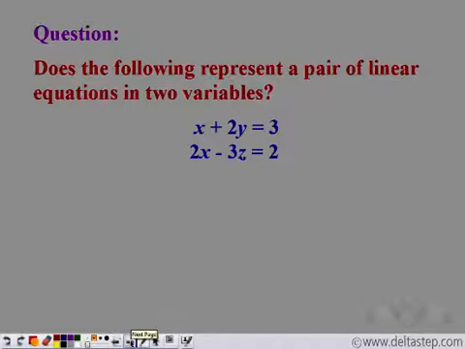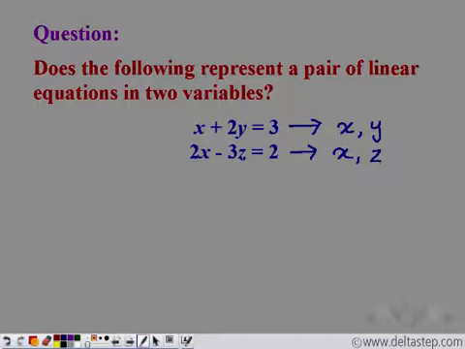Now can you tell me, does the following represent a pair of linear equations in two variables? Well, this is a linear equation in two variables, x and y. Even this is a linear equation in two variables, x and z.